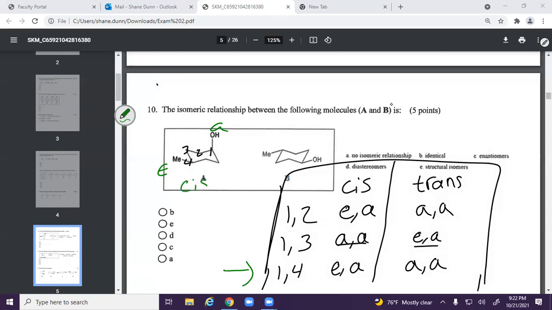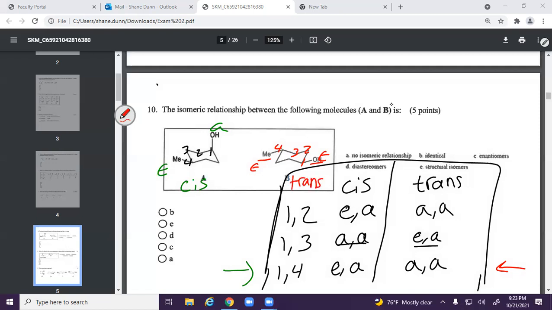This guy's cis. Okay. 1, 2, 3, 4, or even the other way, it still equals 4. Same thing: the methyl group is axial, the OH is equatorial, making it cis or trans? Trans.